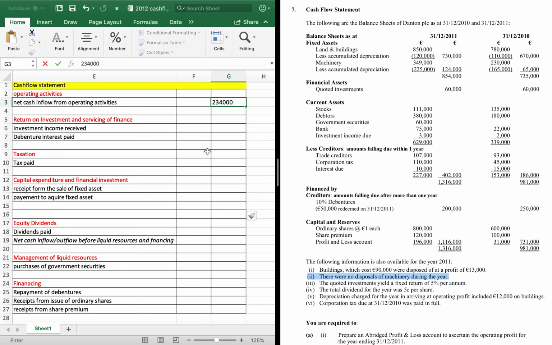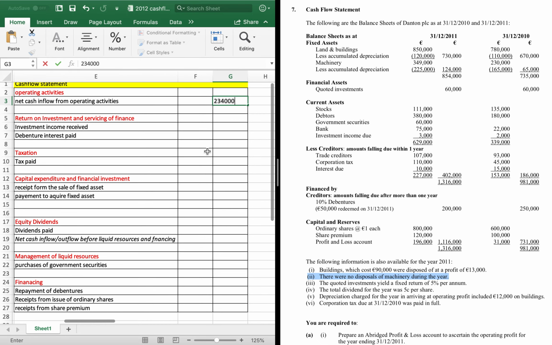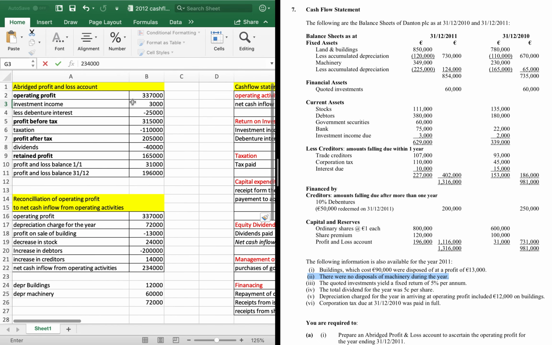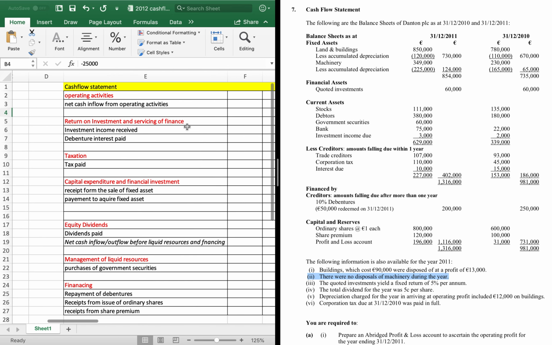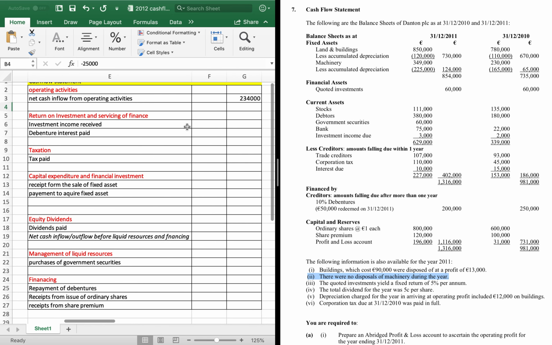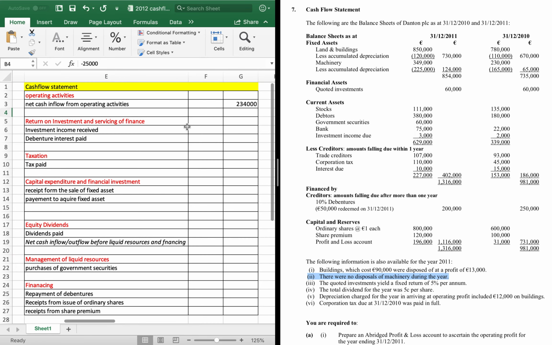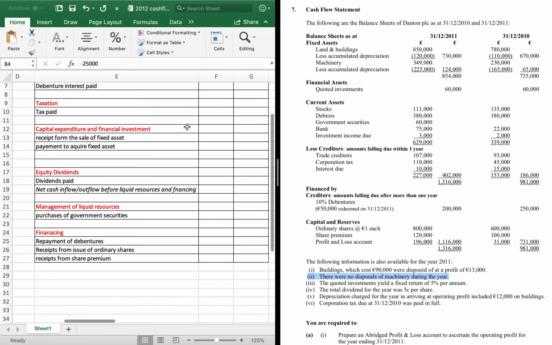Anyway, investment income received. So we know that we are supposed to receive €3,000. We worked it out back when we did part A. What this is showing us is what we did actually receive. Now the rules for these, I'm just going to go down to the bottom just to show you these.